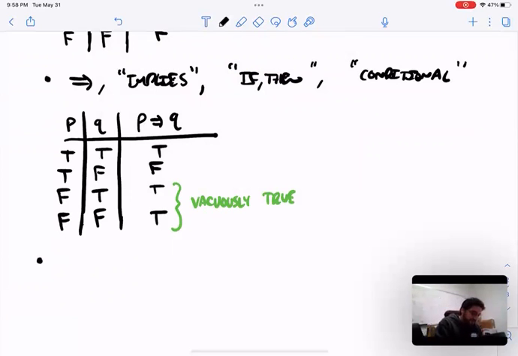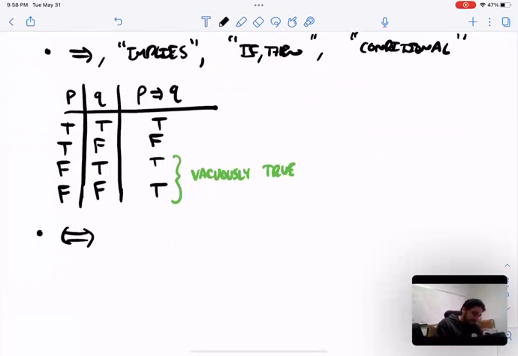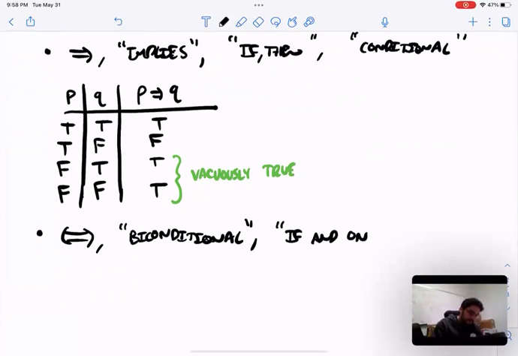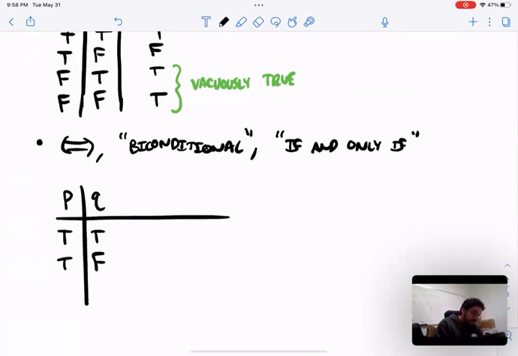It wasn't falsifiable. So there's one last symbol called the biconditional, or sometimes called if and only if. And this is, you're really testing the equivalence of two statements.